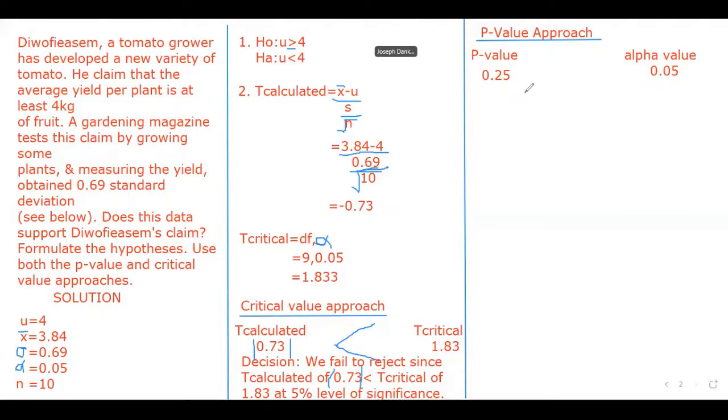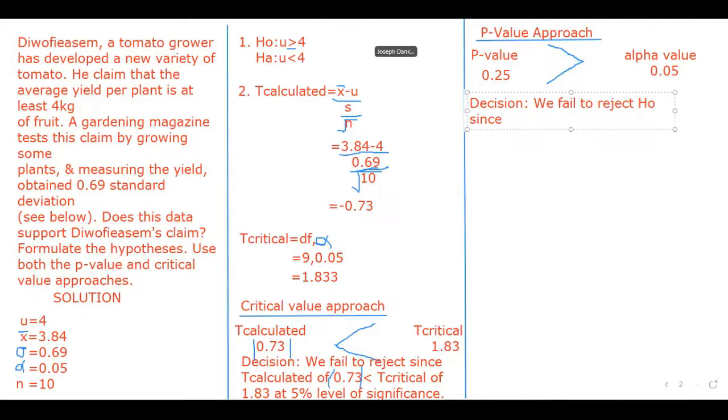But if the p-value is greater than the alpha, we fail to reject H0. And in this case, p-value is greater than alpha. So what do we do? We fail to reject H0.